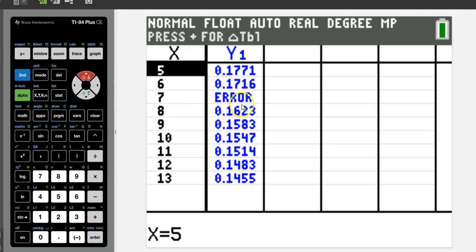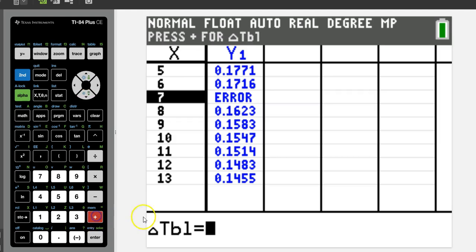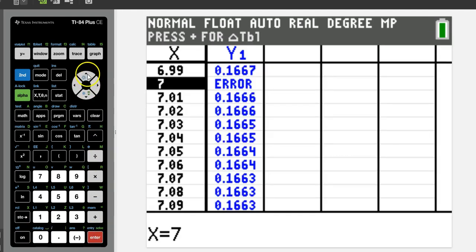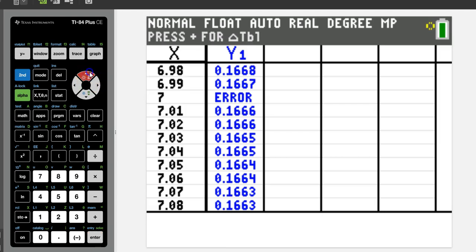Well, it's kind of a little hard to tell. Looks like around 0.16, but let's get right on 7, change the delta table, what we're incrementing by, hitting the plus key. I'll do a shortcut down here, and you can just make it 1/100th. Now when we hit enter, we can see that the left and right of 7 is getting really close to 0.1666, which would be 0.16 repeating.